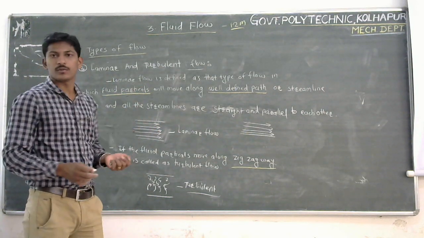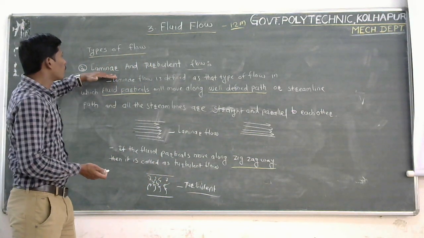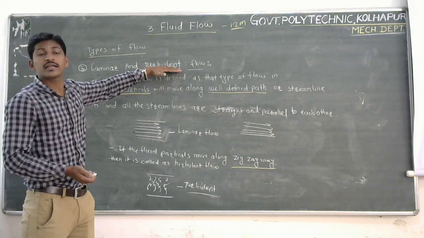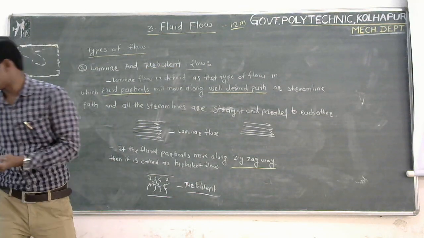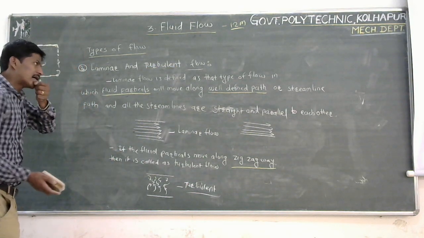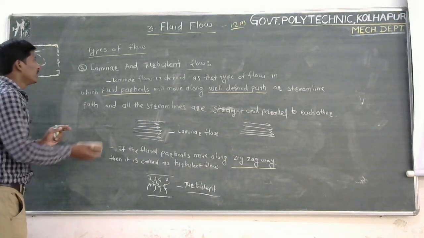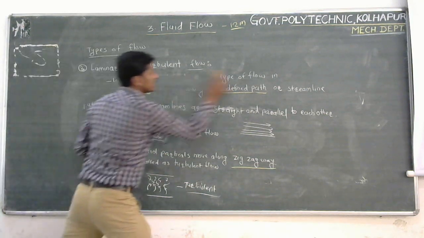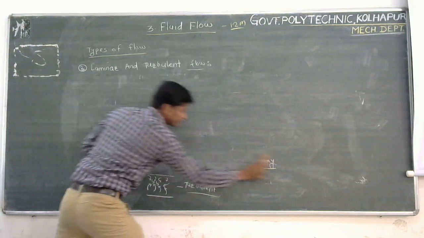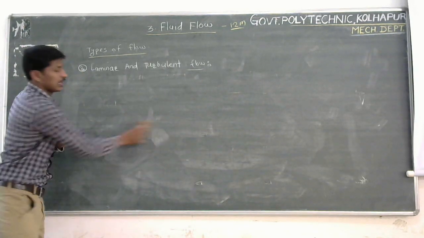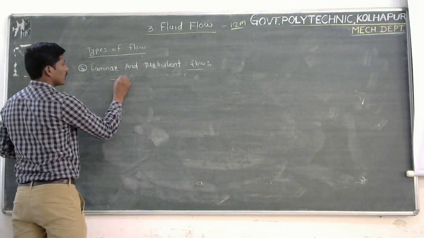That flow is called turbulent flow. And these two flows, laminar and turbulent, are categorized based on one dimensionless number. I hope all of you understand these two definitions, laminar flow and turbulent flow.